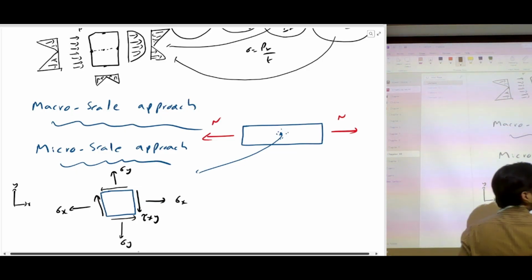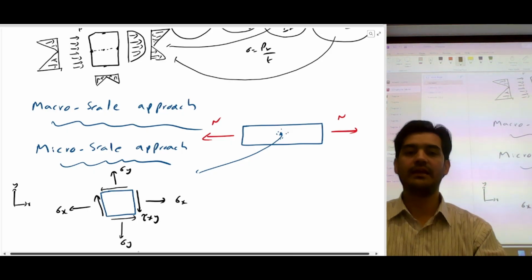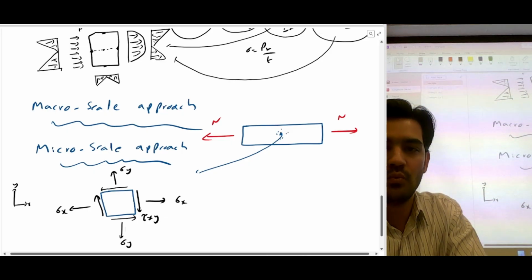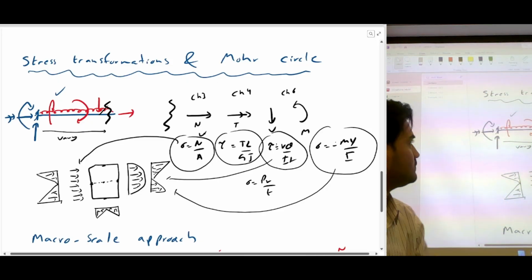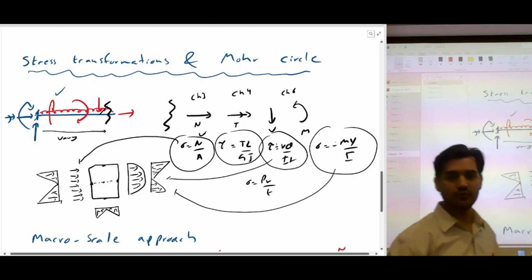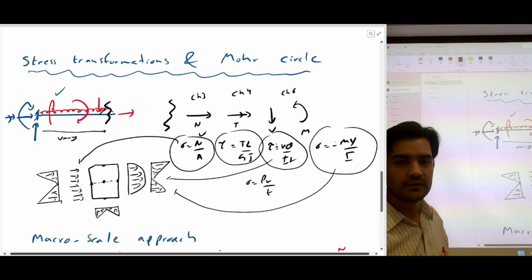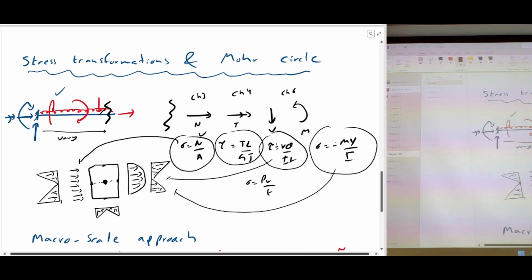And these normal stresses and shear stresses, we can get from what we have talked about here. So we have to select the point. For example, if we want to calculate stress at this point, you can see that because of all the different loading conditions, you have generally two categories of stresses.